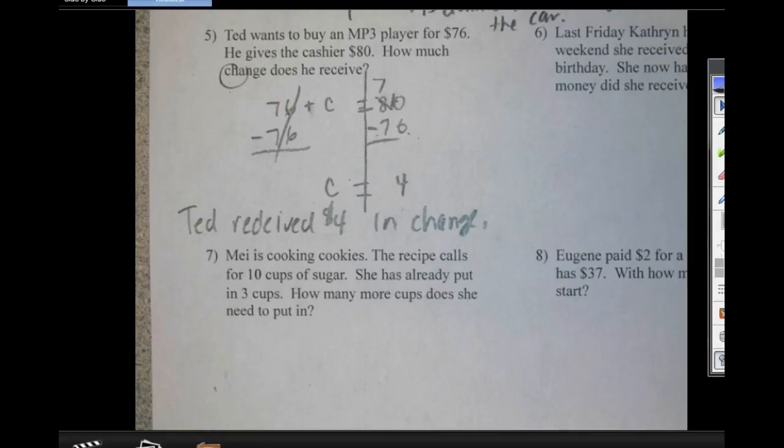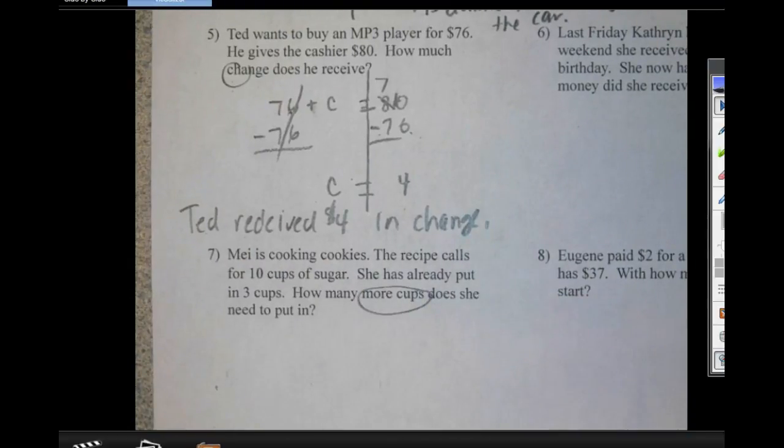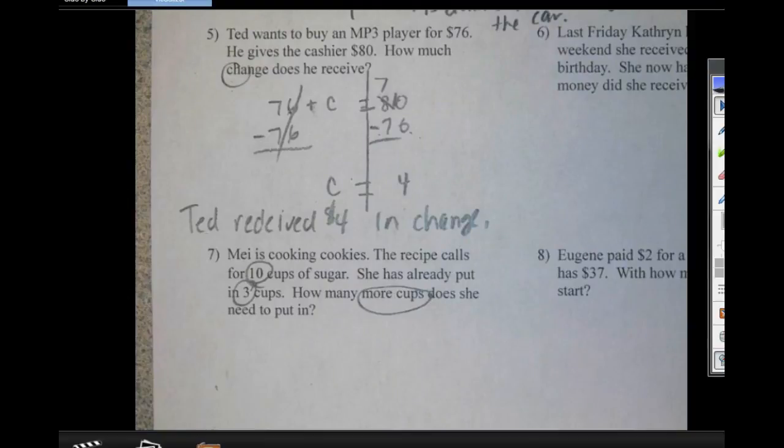The recipe calls for 10 cups of sugar. She already put in 3 cups of sugar. How many more cups does she need to put in? She needs 10. She used 3. Go ahead and see if you can write an equation for the problem.